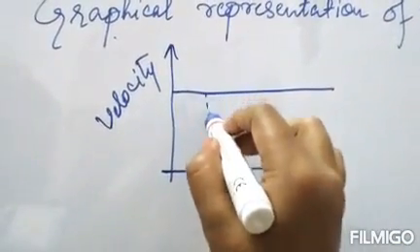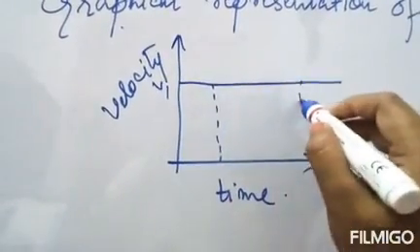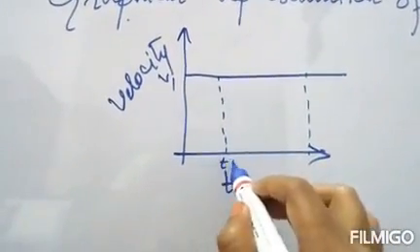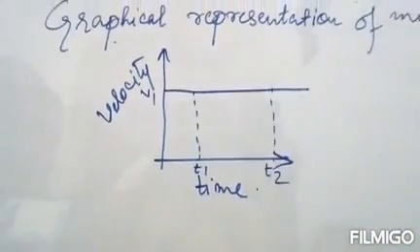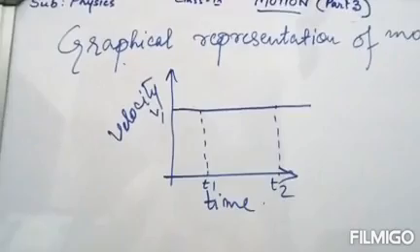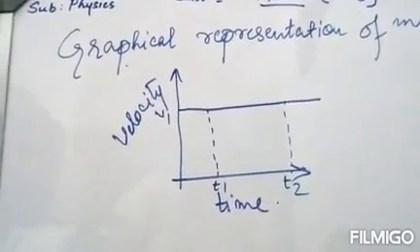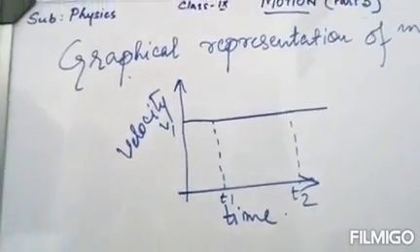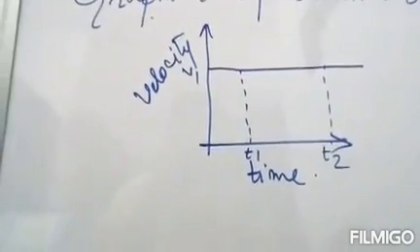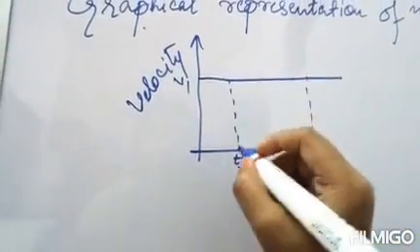Now suppose this is V1, and suppose this is T1, this is T2. Now if I tell you to find distance, we all know that distance is speed into time, correct? From the graph we can find the speed and distance. What will be distance?